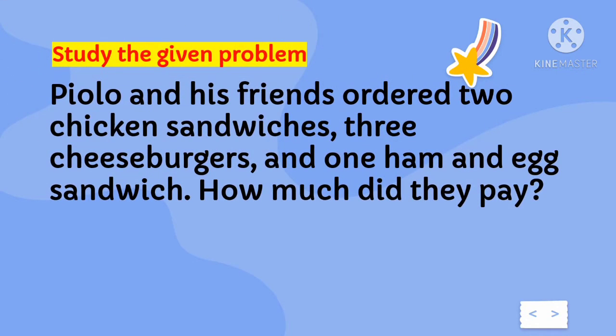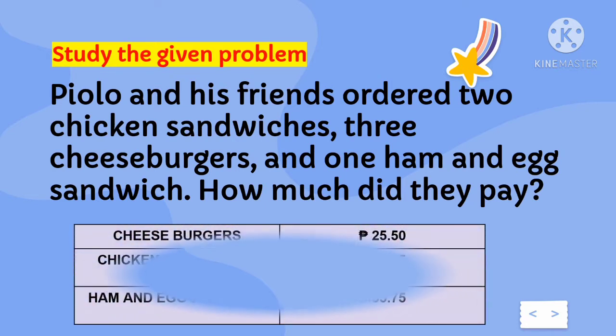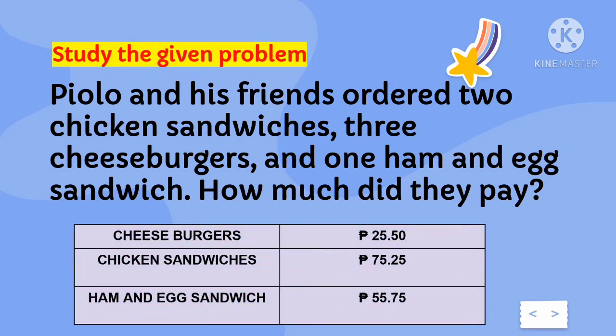Piolo and his friends ordered 2 chicken sandwiches, 3 cheeseburgers, and 1 ham and egg sandwich. How much did they pay? So, ito yung menu ng kanilang mga orders. Yung cheeseburgers ay nagkakahalaga ng 25 pesos and 50 centavos.